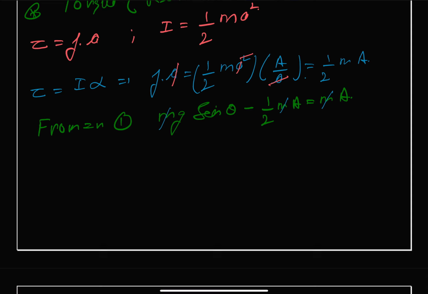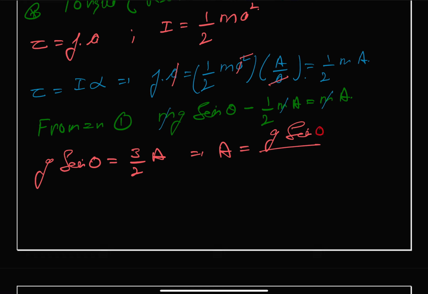We get g sine of theta is equal to A plus A by 2, which comes as 3A by 2. Therefore, acceleration A will be equal to g sine of theta divided by 3 by 2.